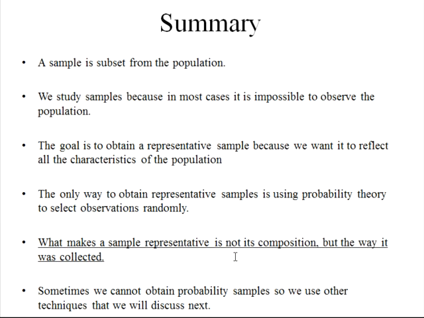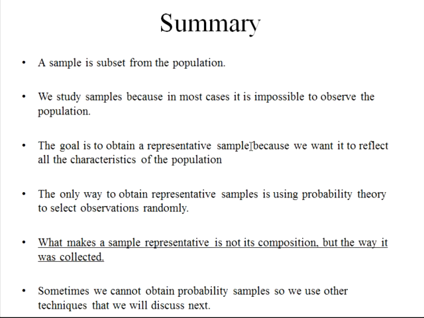So in summary, a sample is a subset from the population. We study samples because it is not feasible to study populations in most cases, nor do we need to. The goal is to obtain a representative sample because we want it to reflect all the characteristics of the population.